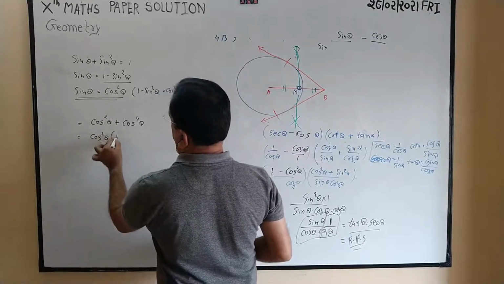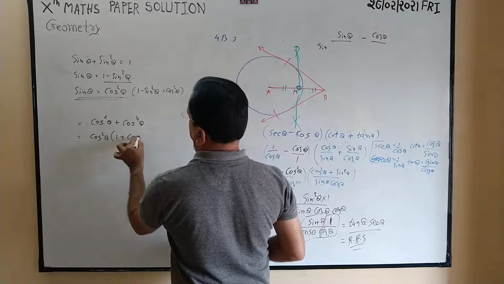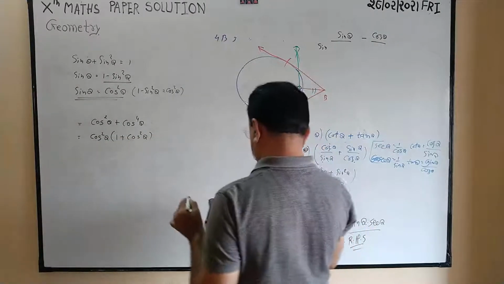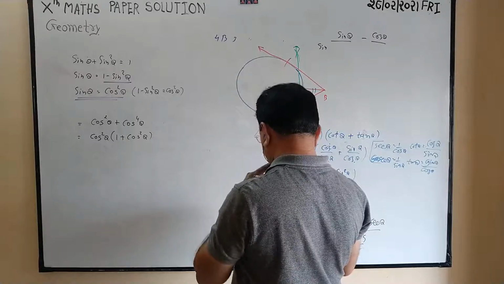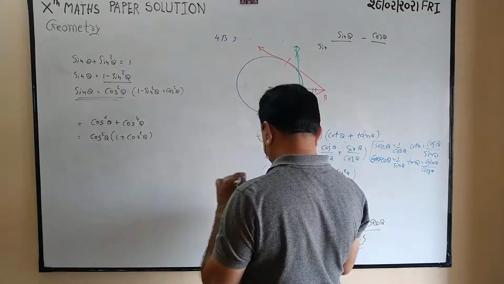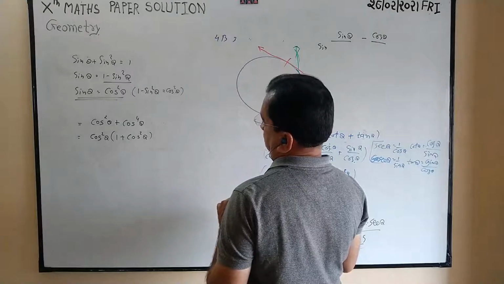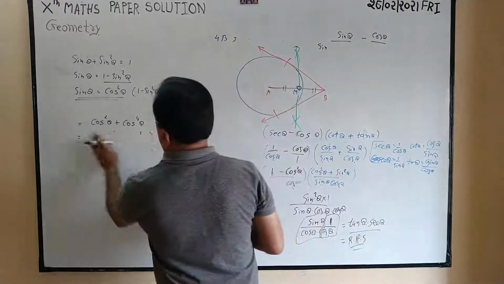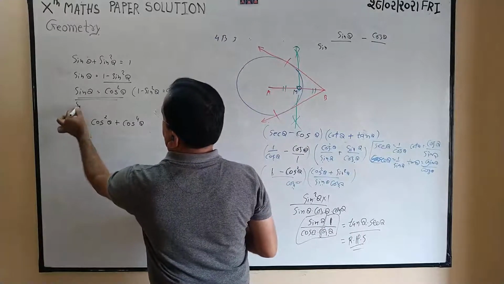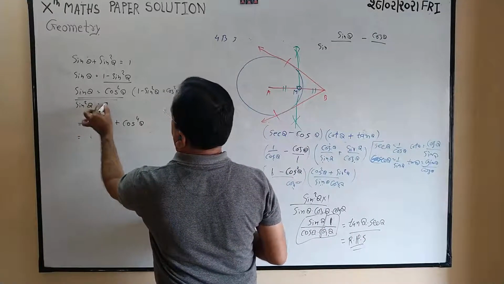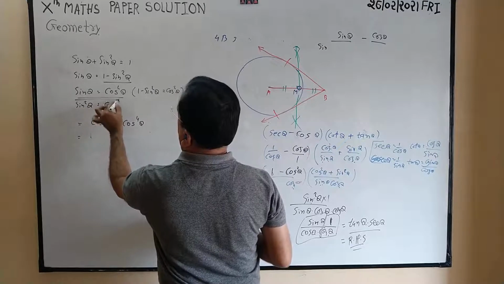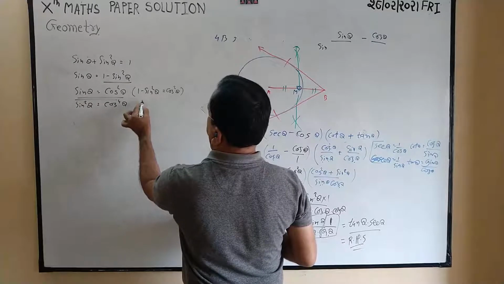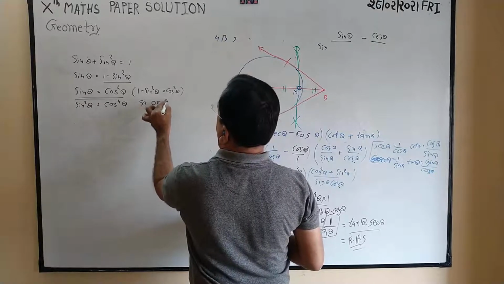Cos square theta common, 1 plus cos square theta. Here sin square theta is equal to cos raised to 4 theta, by taking square on both the sides.